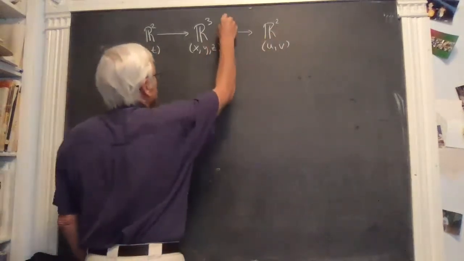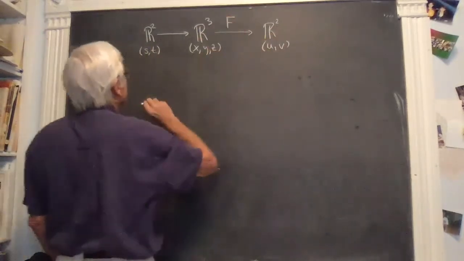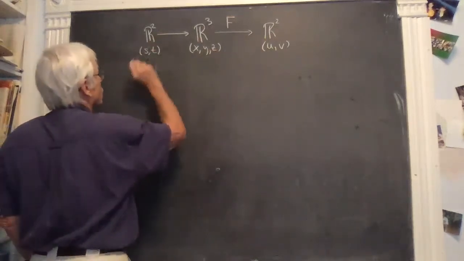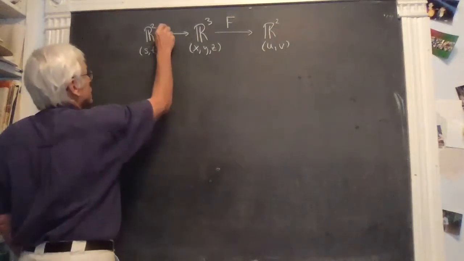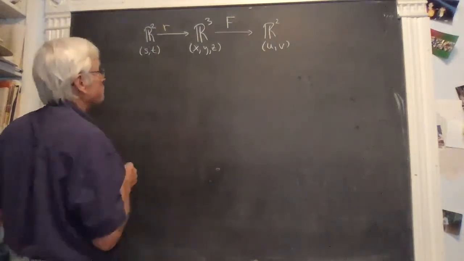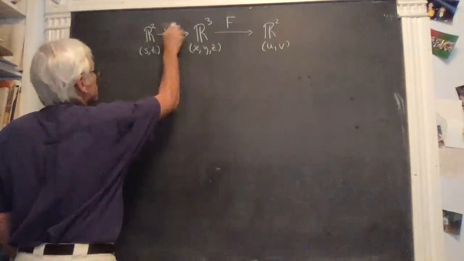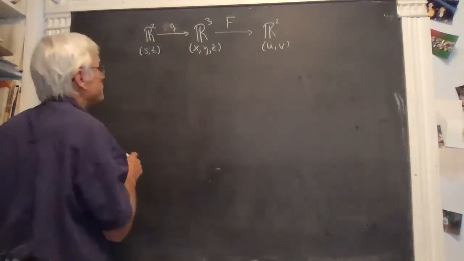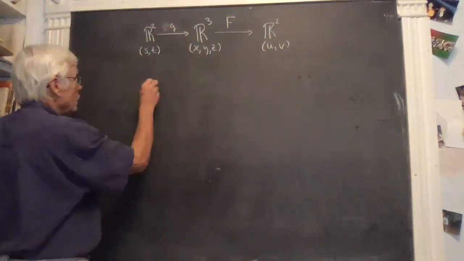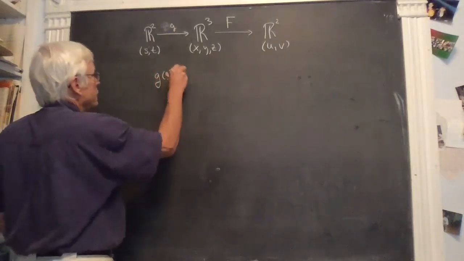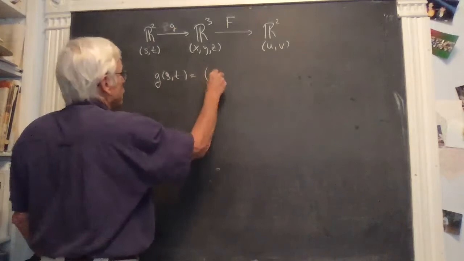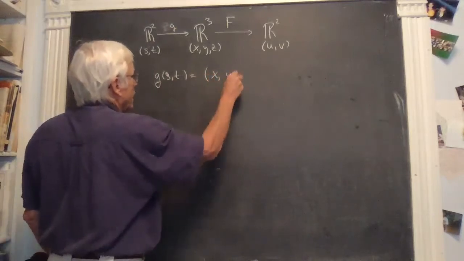So let's call this the function f. And let's call this the function, let's see, we need a function of s and t. I guess we've been using r. Or maybe I'll use little g. So g is a function of s and t and spits out an x, a y, and a z.